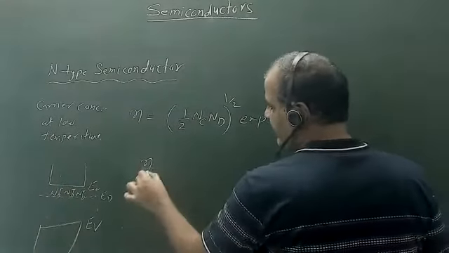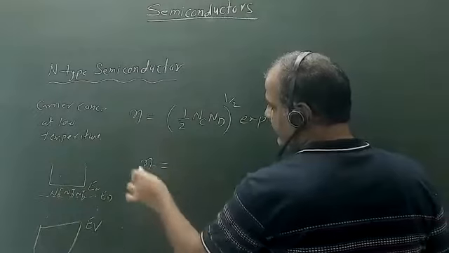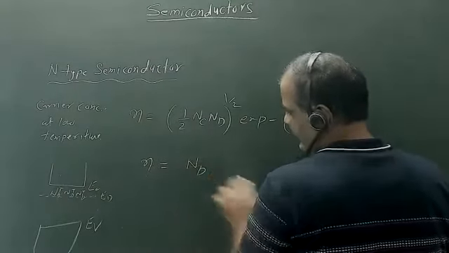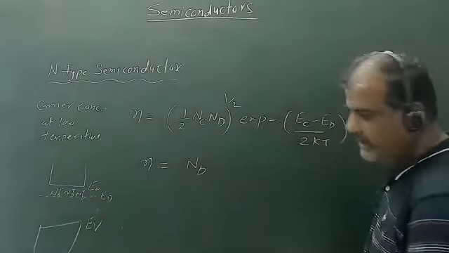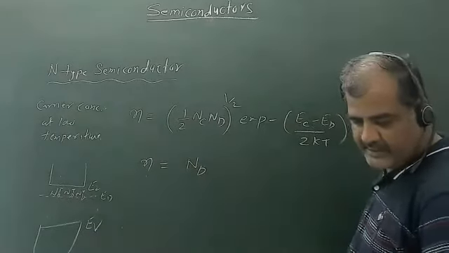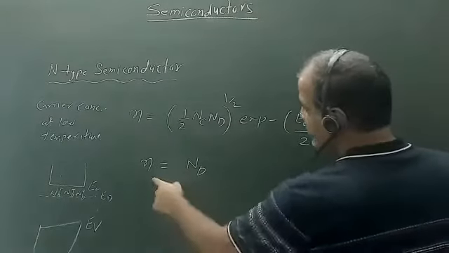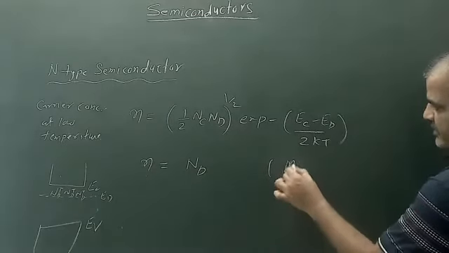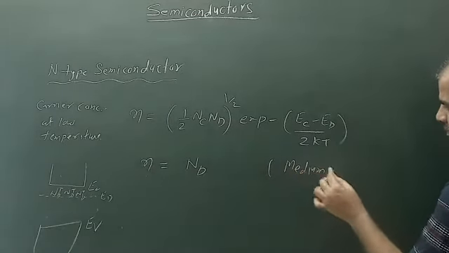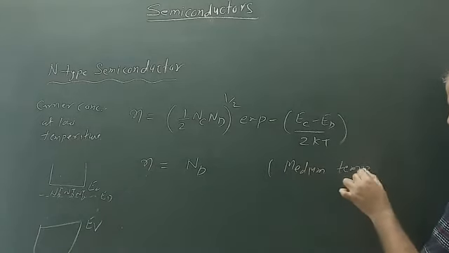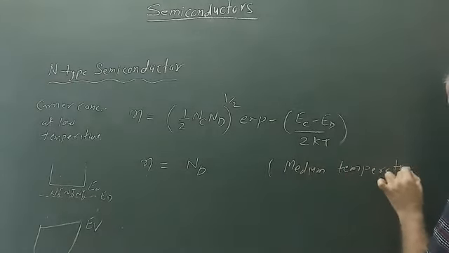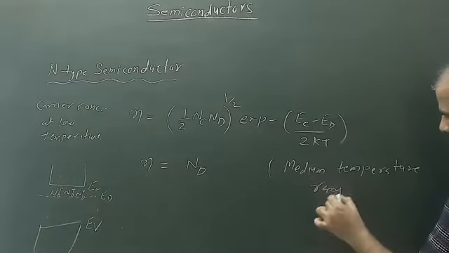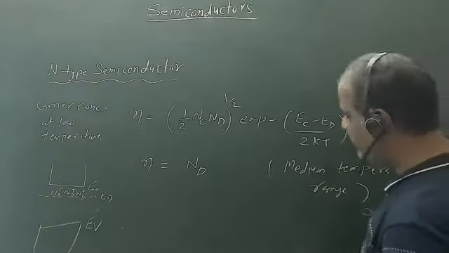So at moderate temperature, if I assume all the atoms are ionized, the carrier concentration is Nd. This is the medium temperature range. That was low temperature, this is the medium temperature.